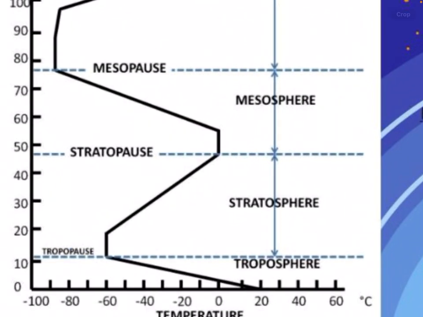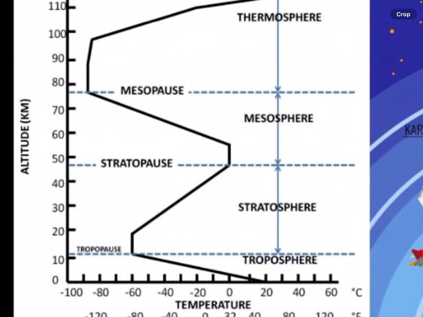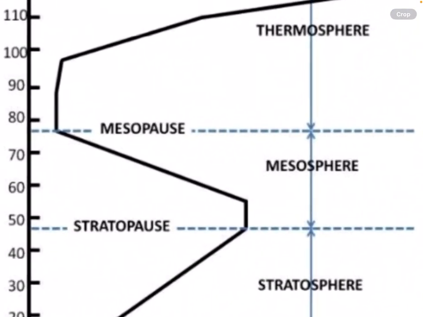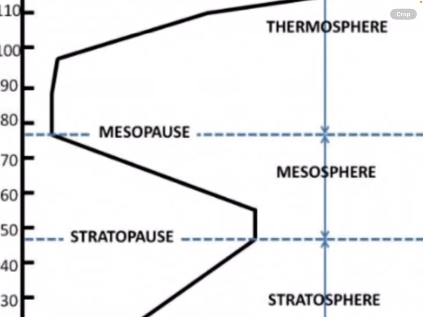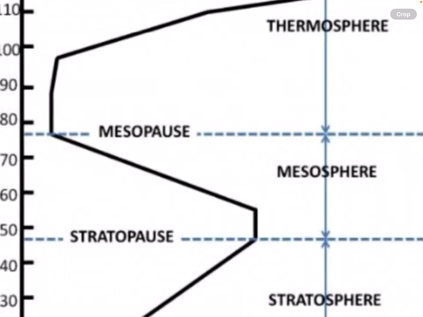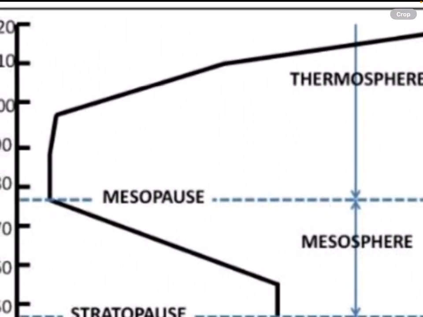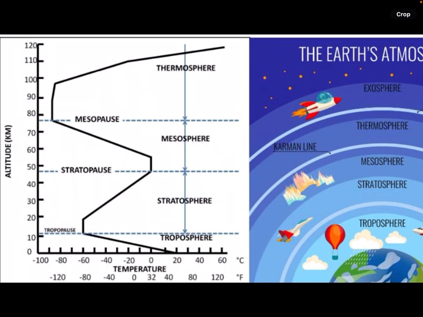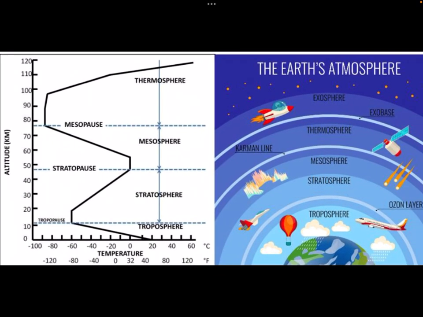Then in the stratosphere there is an increase of temperature with height because of the presence of ozone. Then the mesosphere has declining temperature with height, and then the thermosphere has increasing temperature with height because of direct sun insolation and direct interaction of sun rays at the thermospheric level.